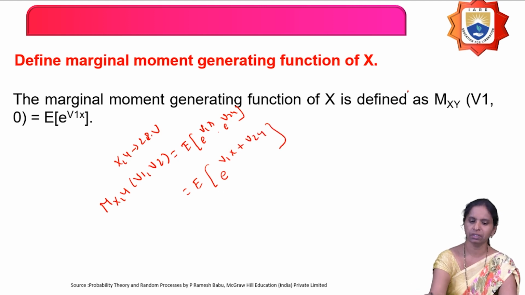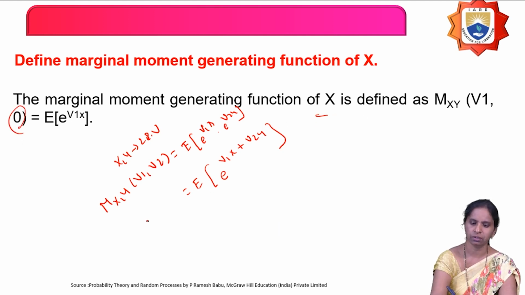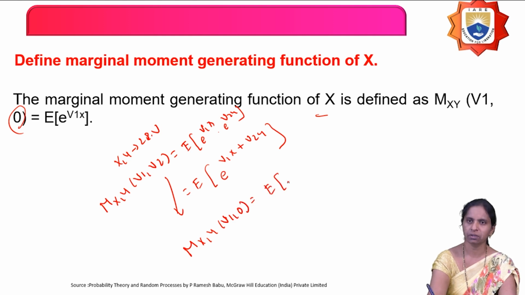Now, if you want the marginal moment generating function of the random variable x, we have to keep v2 equals 0. Then M xy of v1 comma 0 equals expectation of e power v1 x. So this is called the marginal moment generating function of the random variable x.